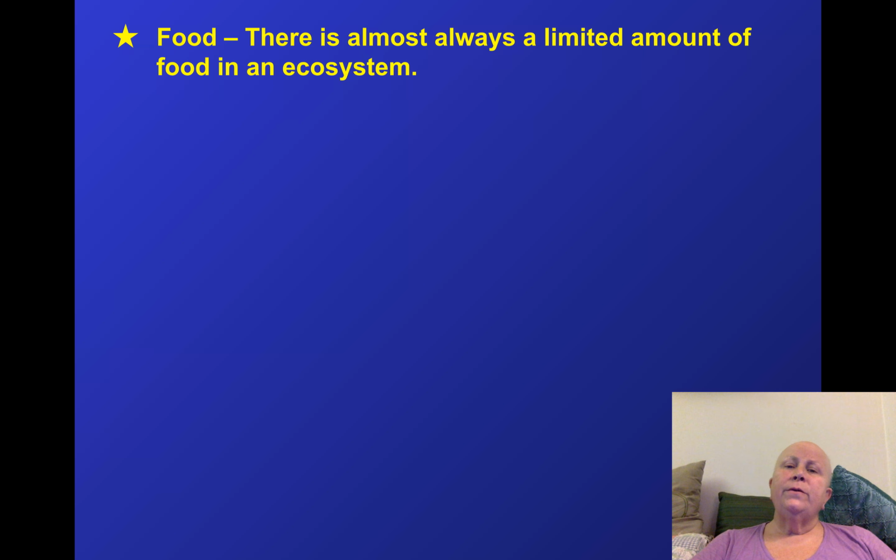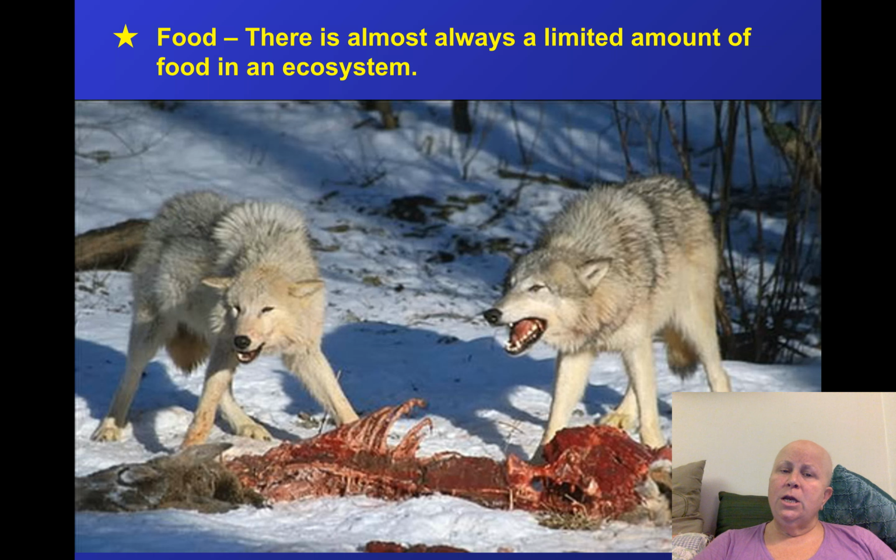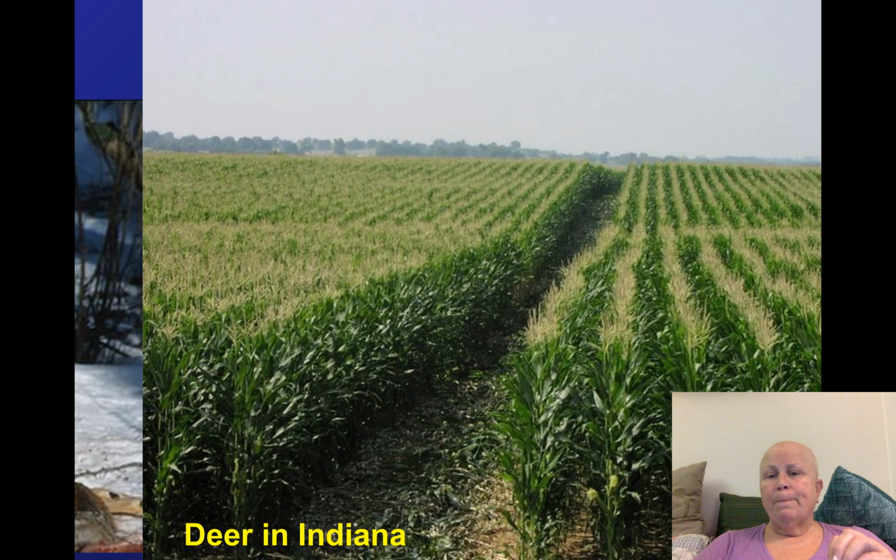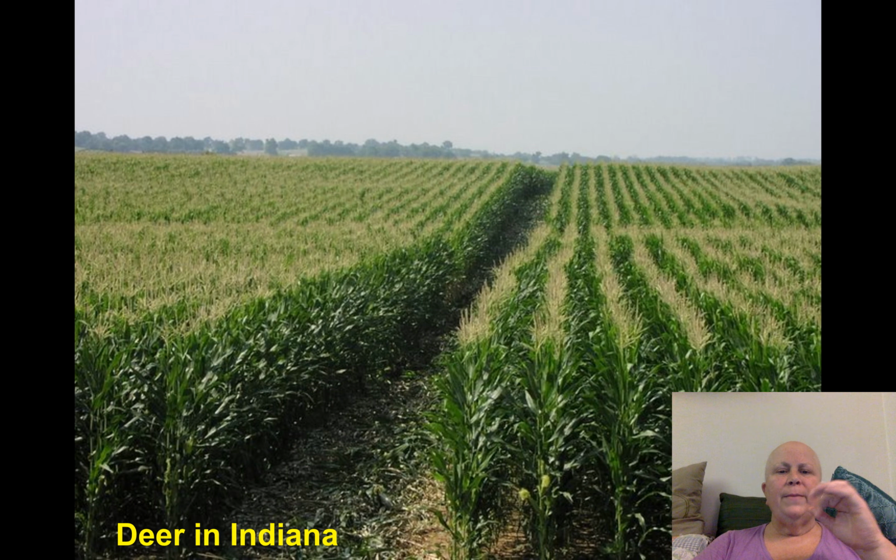Okay. Another limiting factor is food. Now, sometimes food is plants and sometimes food is other animals, right? So, for example, with this wolf population that feeds on deer, if we're talking about deer in Indiana, so like this time of year when the corn is growing in summer and fall, the deer are really happy.